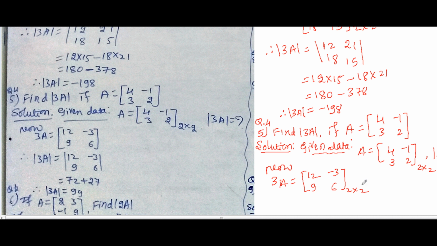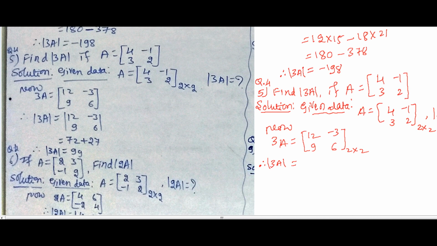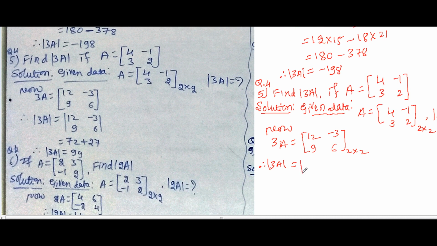So what we have to do now? Therefore the determinant of 3A is equal to the determinant of 12 minus 3 and then 9 6. You do the cross multiplication along this diagonal and minus this cross multiplication.